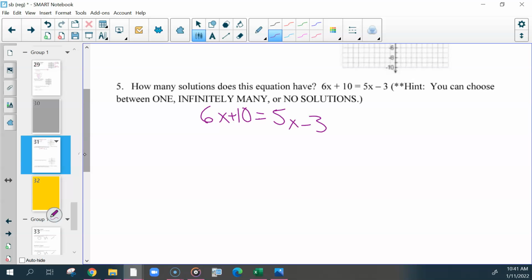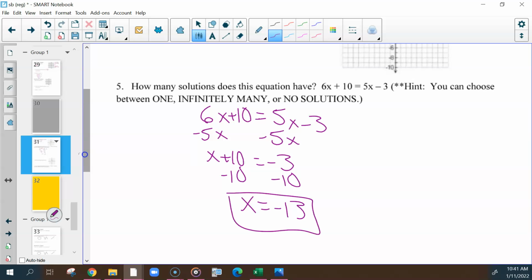I could subtract 5x to this side to get x plus 10 equals -3. And then move 10 to the other side by subtracting it to get x equals -3. So because it's x equals some number, this would be one solution.